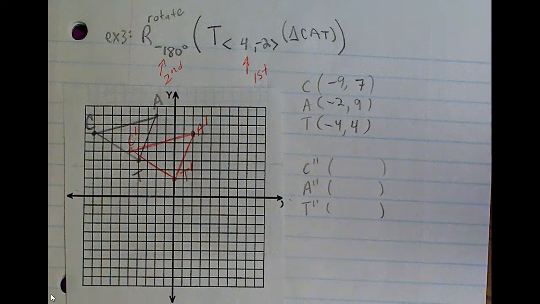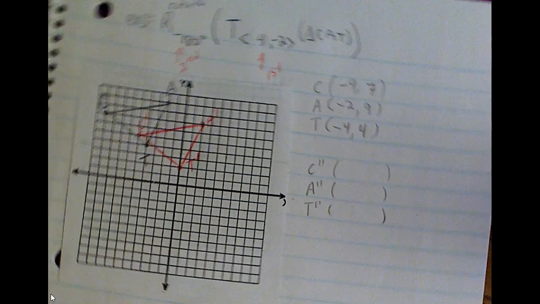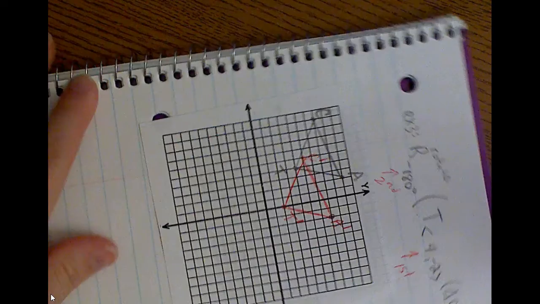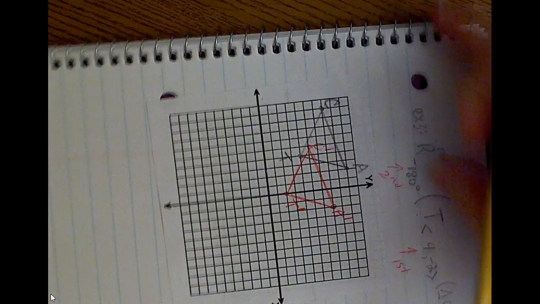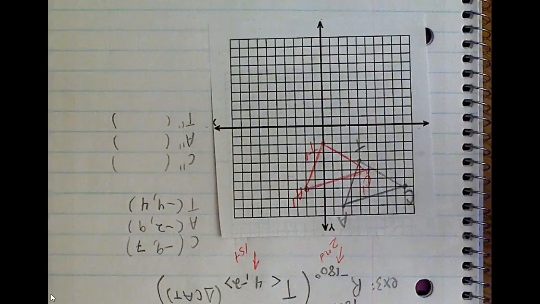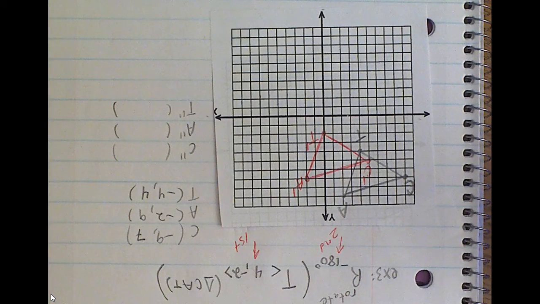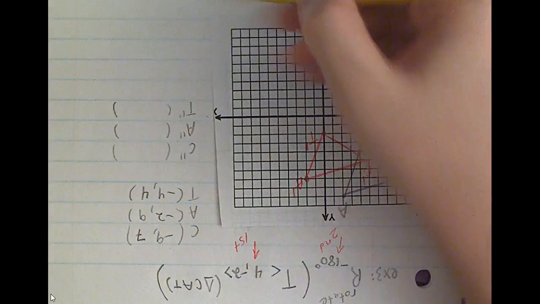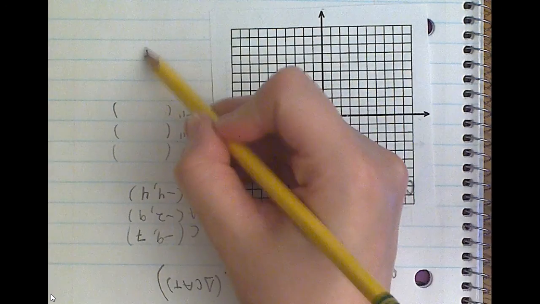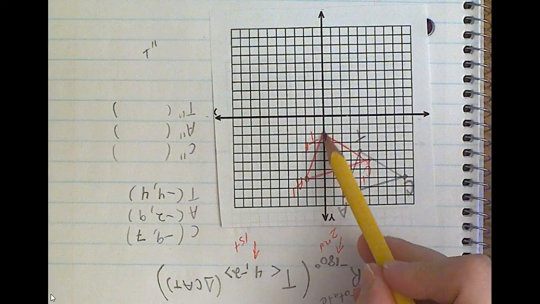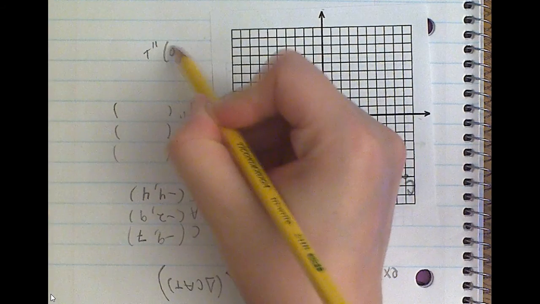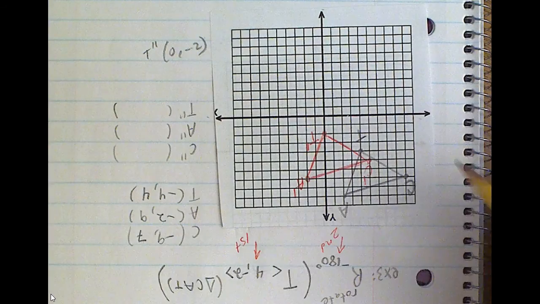You should end up with the same thing, but I'm just gonna turn it 2 times to the right because it's negative, once and twice, and basically it's upside down, so I can record where my points should be. I'll record them over here. So T double prime should be at 0, negative 2.